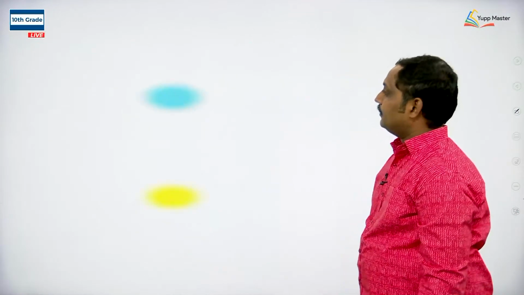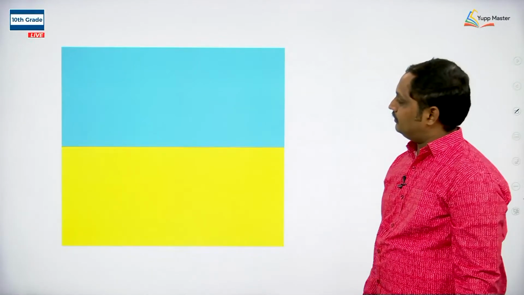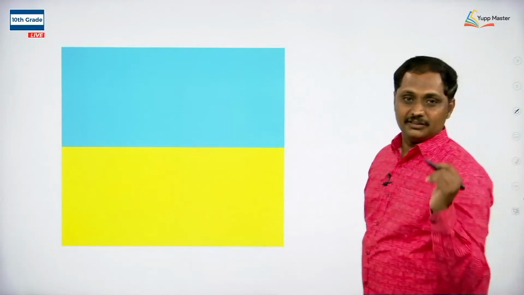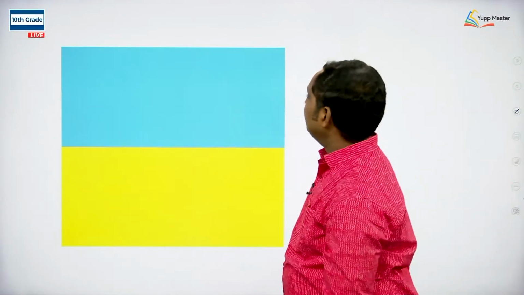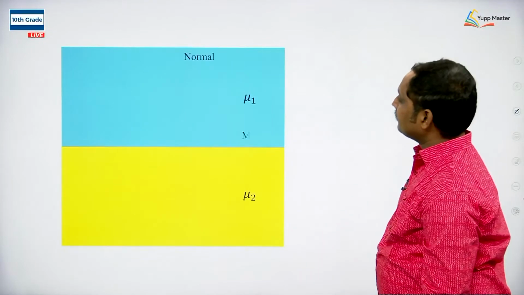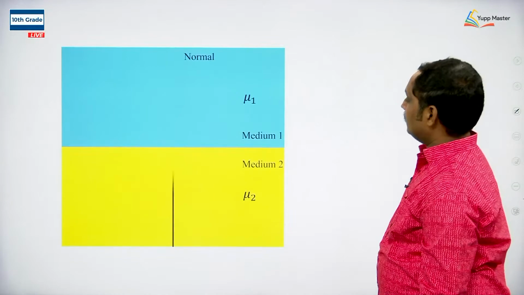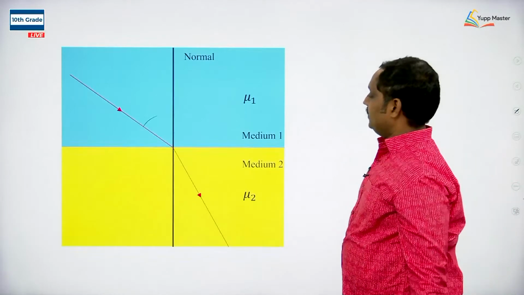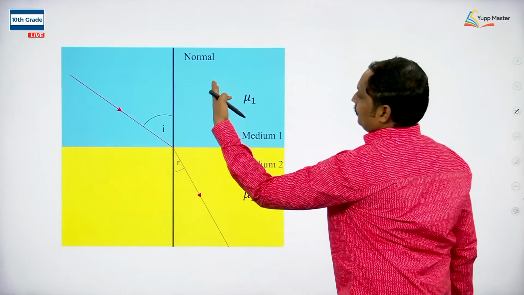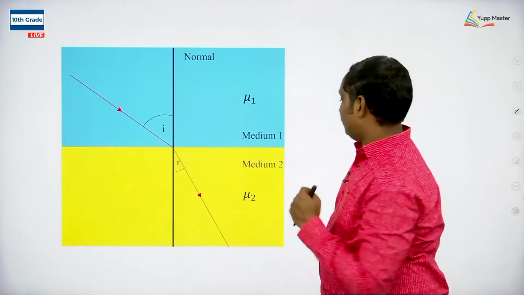Let us take some examples we have taken. This is of two transparent surfaces having different refractive indices. So, light is allowed to move from one medium to another medium. This is the first one and the second one. Light enters from the first medium to the second medium.